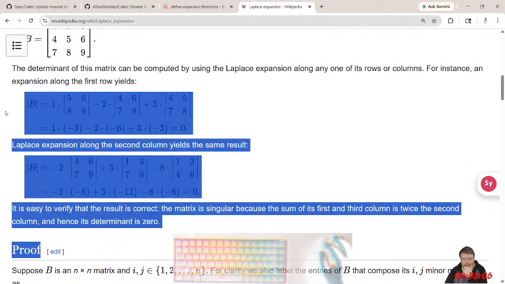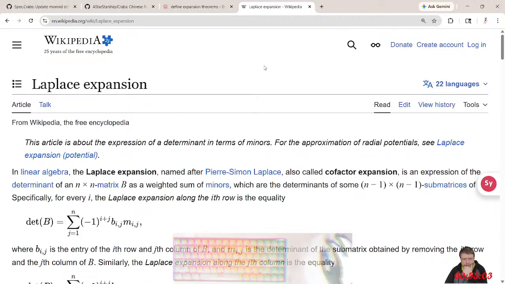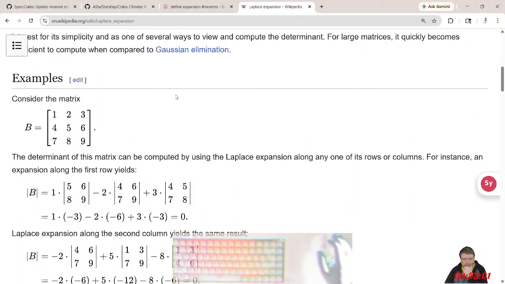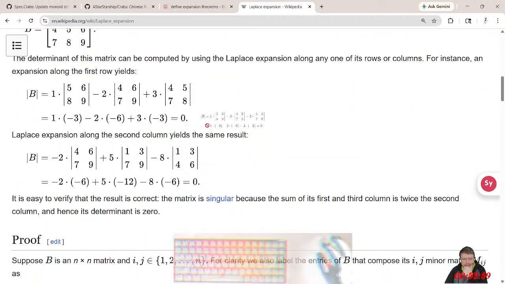Oh, gotcha, for the determinant. Right. Gotcha. That's the expansion thing. Okay.